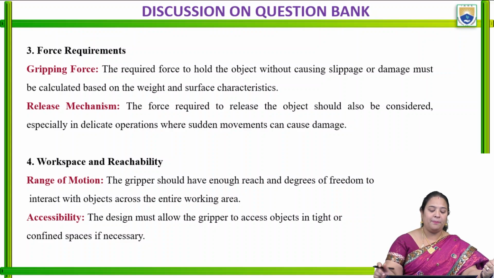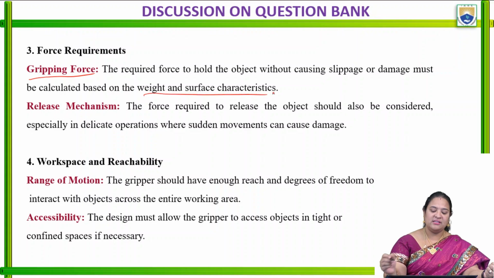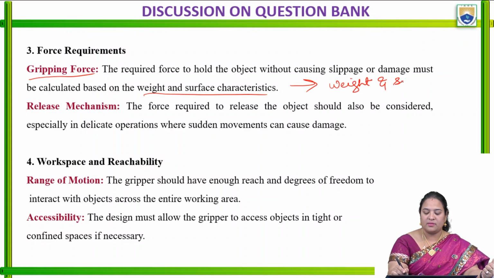That is the gripping force. It is required to hold the object without causing damage or slippage, and it is calculated based on the weight and surface of the object.